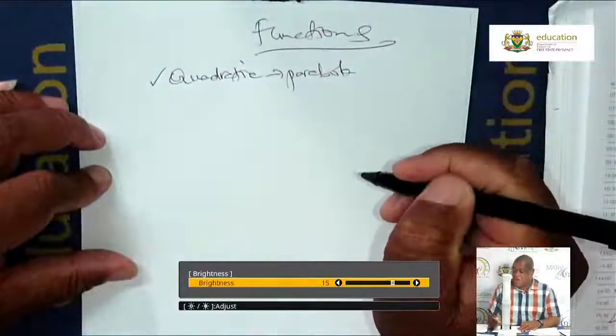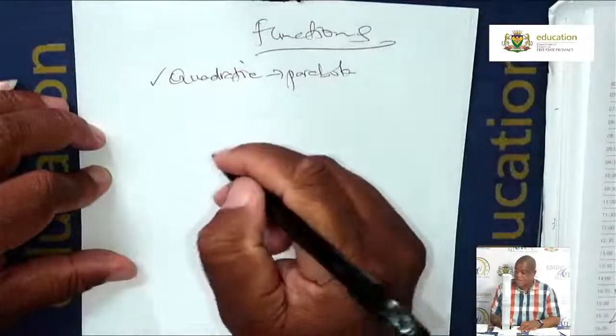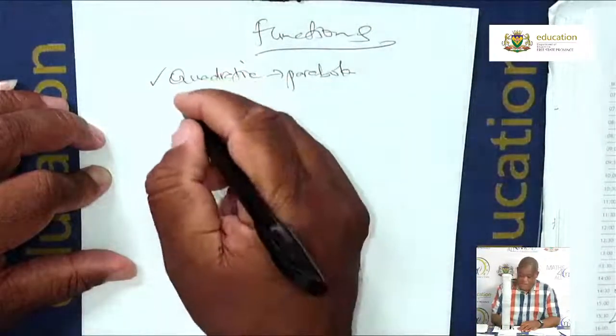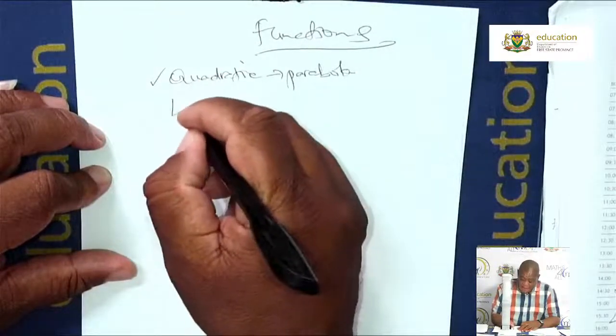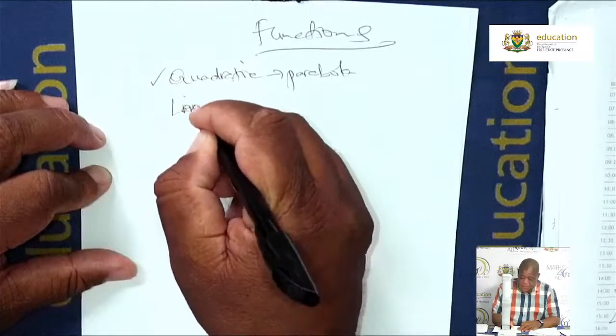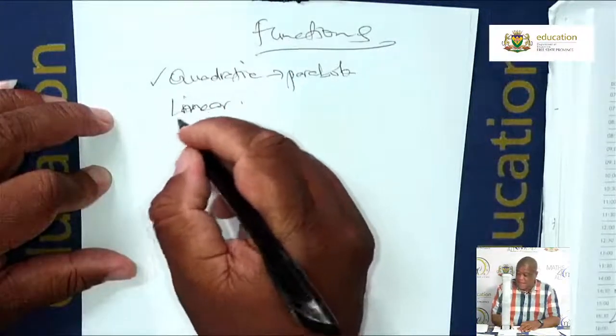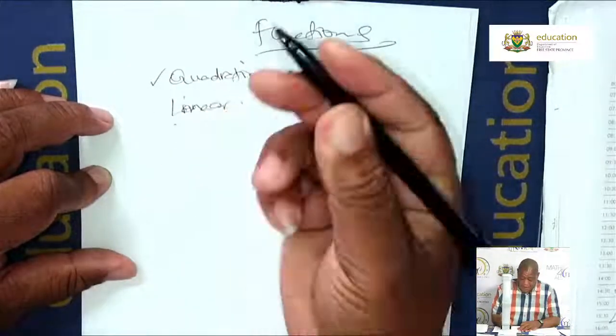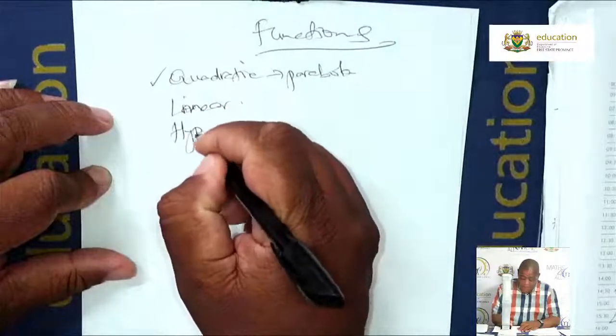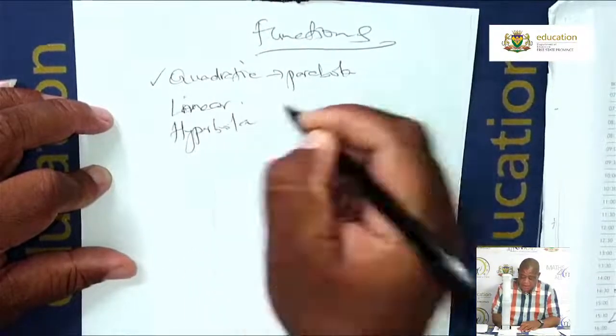We also have to know that under functions, we are having the linear function. We have the hyperbolic one, hyperbola.